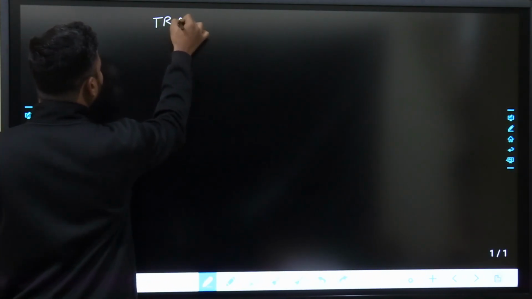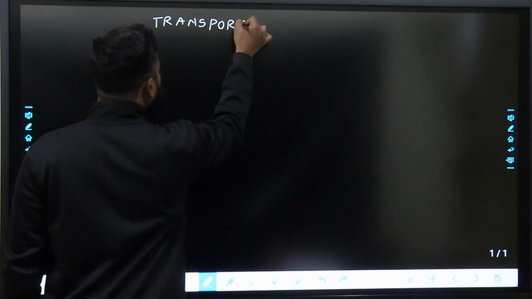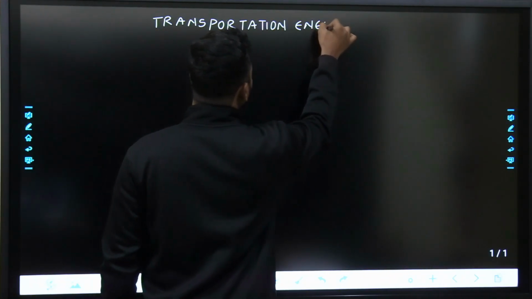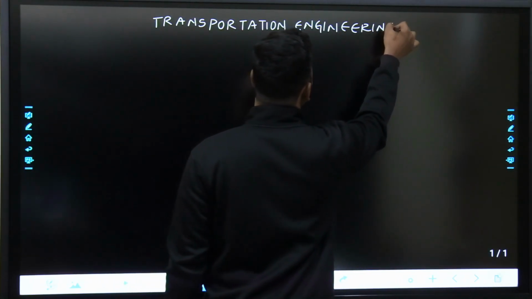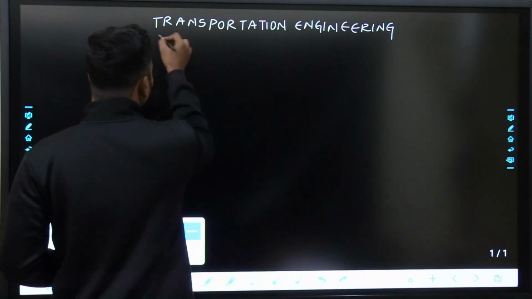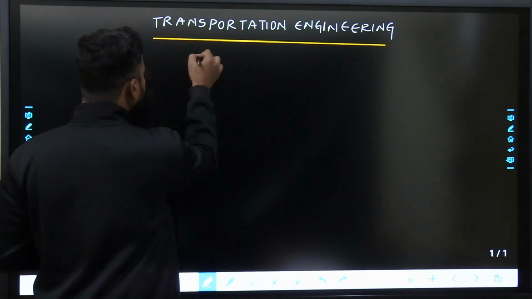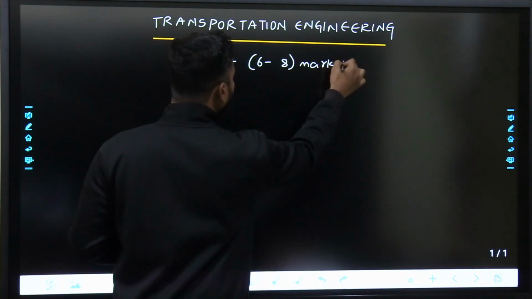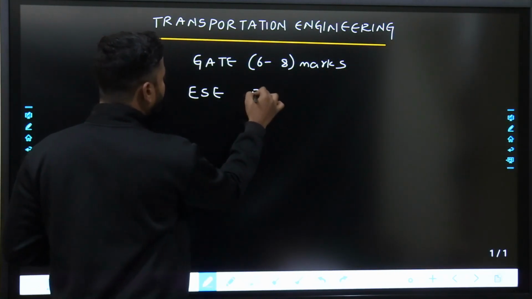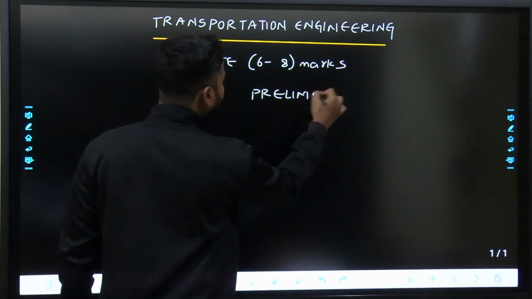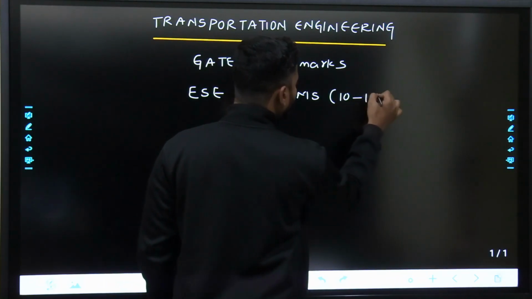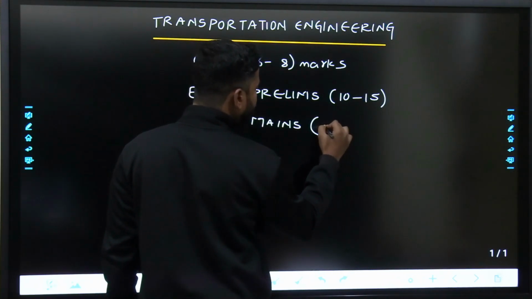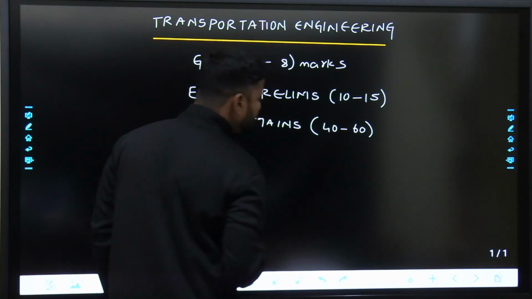The weightage from the engineering services point of view is 10 to 15 marks in prelims, and in mains it will be around 40 to 60 marks. In paper 2 you will see this is the mains.